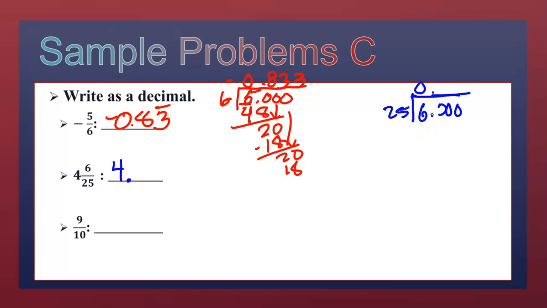So 6.00 divided by 25. Now 25 goes into 60 2 times. 2 times 25 is 50. Subtract and you get 10. Bring down the 0, you get 100. 25 goes into 100 4 times. 4 times 25 is 100. So I have a decimal of, because of this 4 here, that 4 is in this place. And then I put the decimal point to 4.